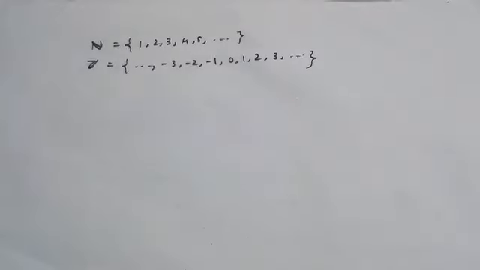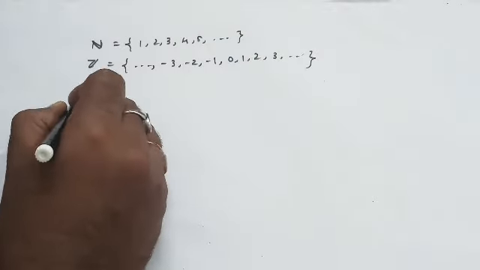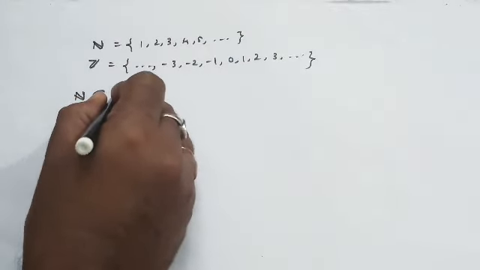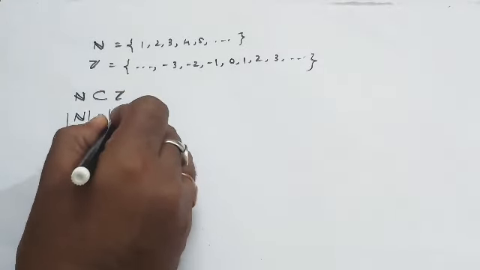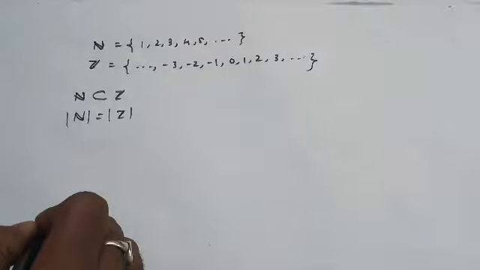Okay, immediately one thing should come to your mind: the set of natural numbers is a subset of Z. So how is it possible? Being a subset of Z, we are claiming that these two have the same cardinality.